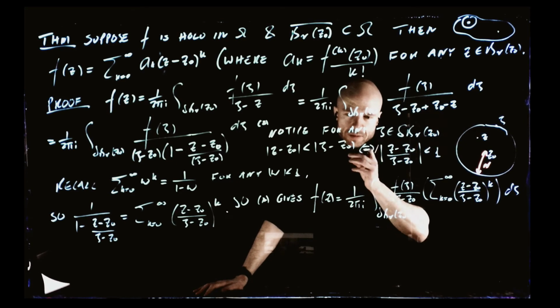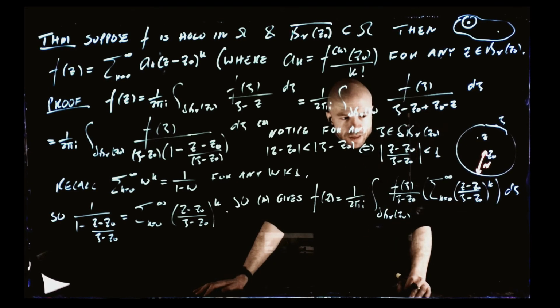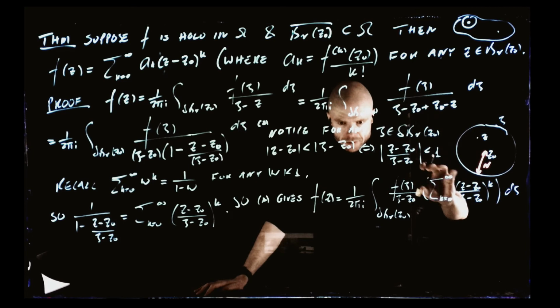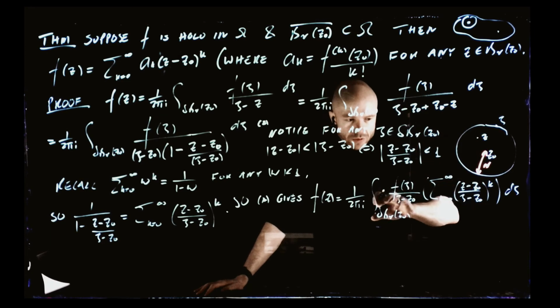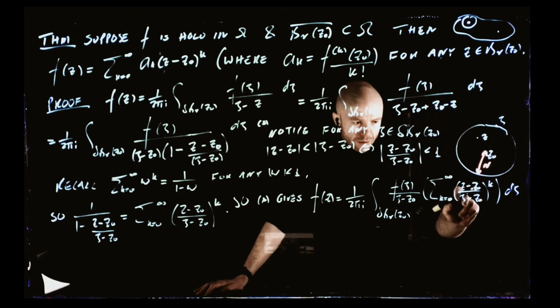But that's not a trivial thing because this power series is defined as the limit of the partial sums. So what that would involve doing is swapping an integral and a limit. And we've learned we can do that when we have uniform convergence, which means uniform convergence of this expression for every zeta around the boundary of the ball.